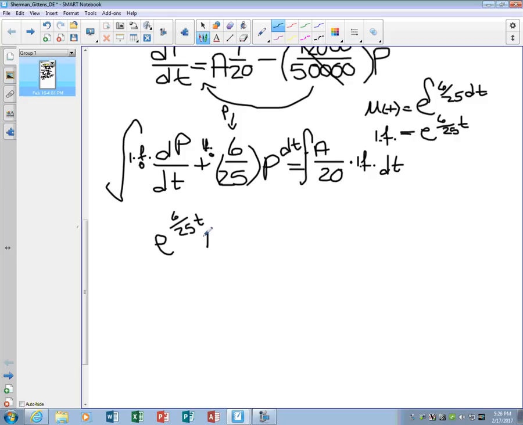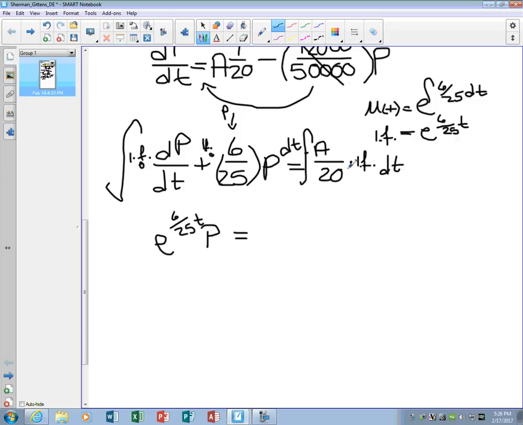Bring that p over here equals. So this side, there's not a t in this, so we get a little lucky bringing all this stuff out, and then we have the integrating factor over here that's got t.